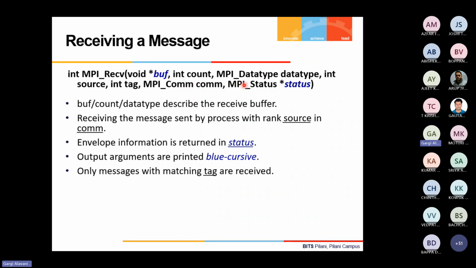Also, with receive you get a status. Status will tell you if the message is received or not, or if there is an error. The status function is meant for that.